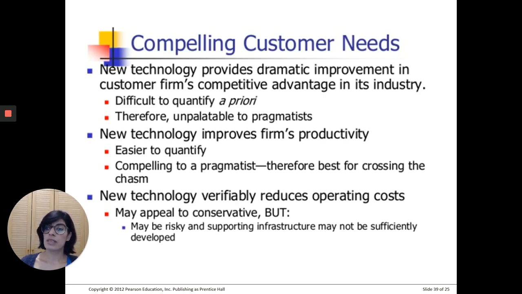Okay, this is more compelling to the pragmatists because they are going to be looking at why this product increases my productivity. If it does, great. And that's when you're in that chasm, you can cross into the mass market. Or the new technology actually reduces operating costs. So it might appeal to conservative customers, but it might be risky because they might think that the infrastructure isn't as well supported as it needs to be before they actually make the plunge to buy.